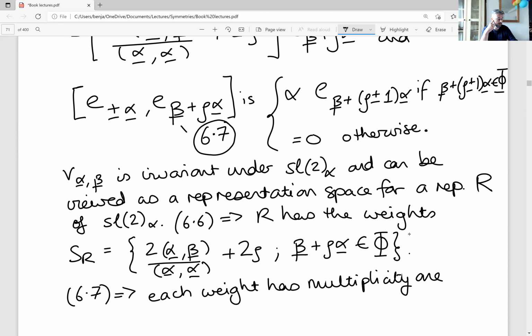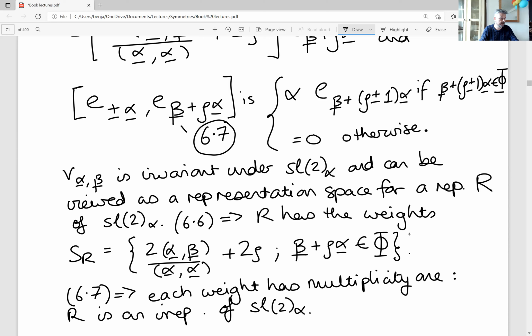So we know from properties of representations of the Lie algebra of SU2 that, given each weight has multiplicity 1 and the other facts about the representation space, R is an irreducible representation of the Lie algebra of SU2, which we're calling SL2 and labeling by this alpha.